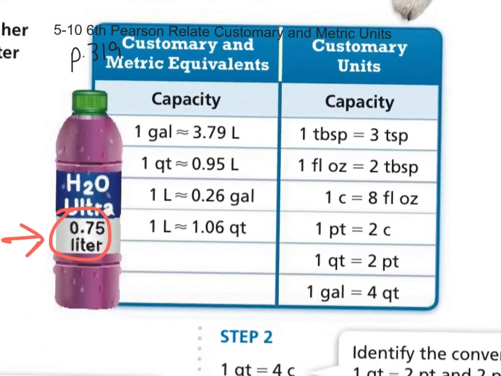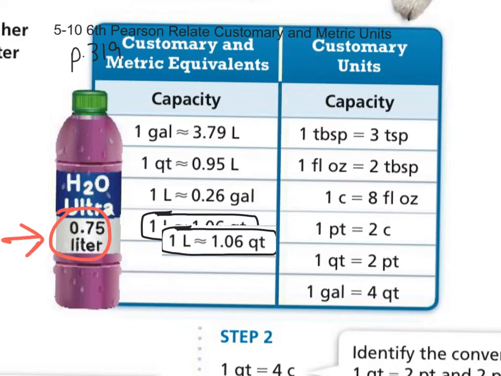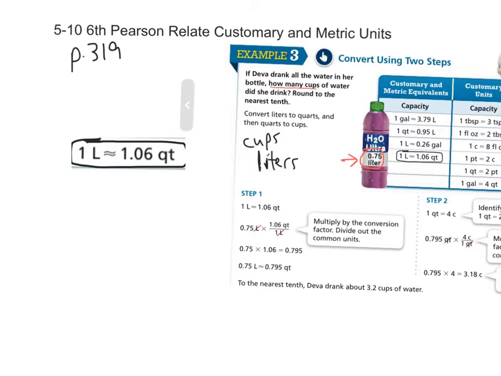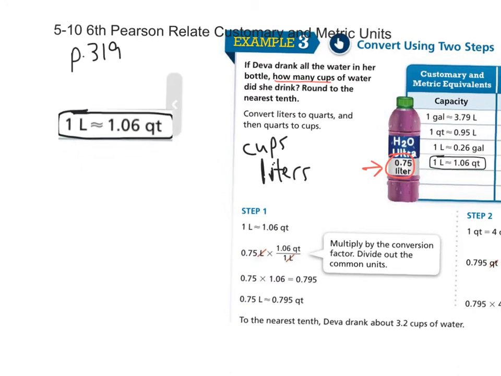So if you look over here, it looks like the closest conversion we have is between liters and quarts. We actually don't have a conversion this time that goes just from liters to cups. So this is going to be the conversion we're going to work with, but we're not going to be able to directly get to our answer.